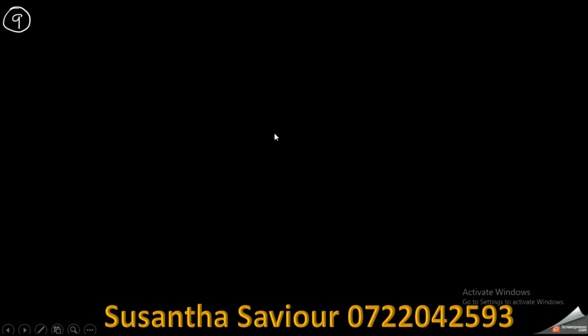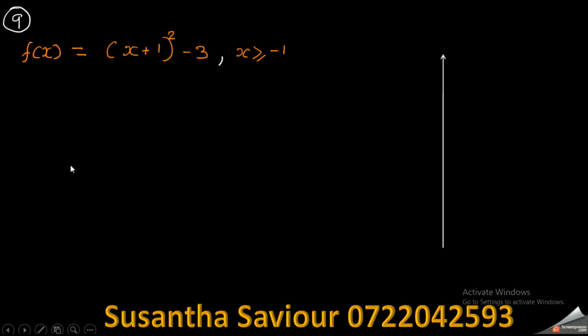I'll be doing many examples here. f(x) equals (x plus 1) squared minus 3, x is greater than or equal to minus 1. Then we can sketch the graph like this.